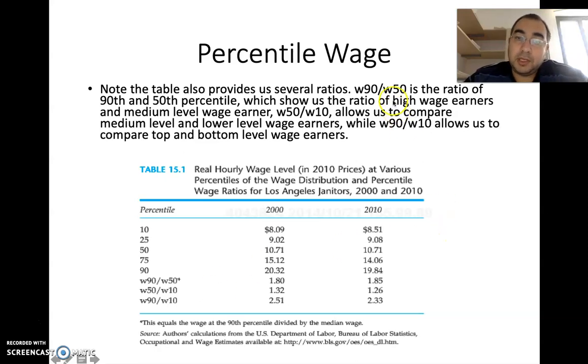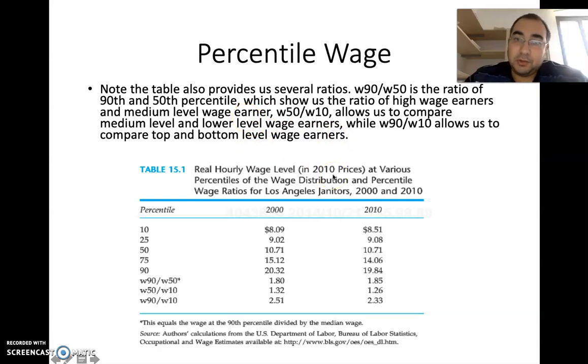looking at this, you can compare. The Gini index gives you an overall index of inequality. These ratios give you specific ratios between the high wage earners and medium wage earners, low wage earners and medium wage earners, or high wage earners and low wage earners.